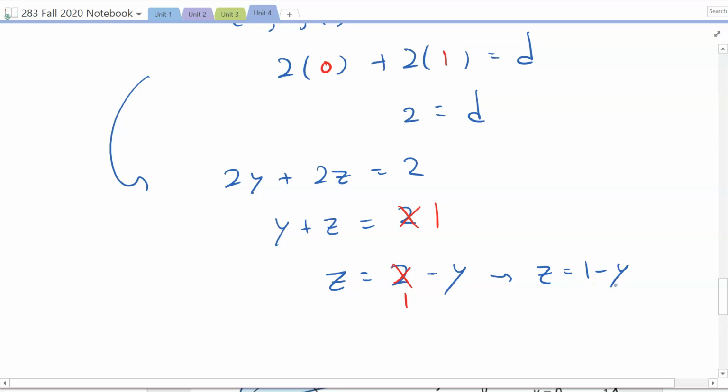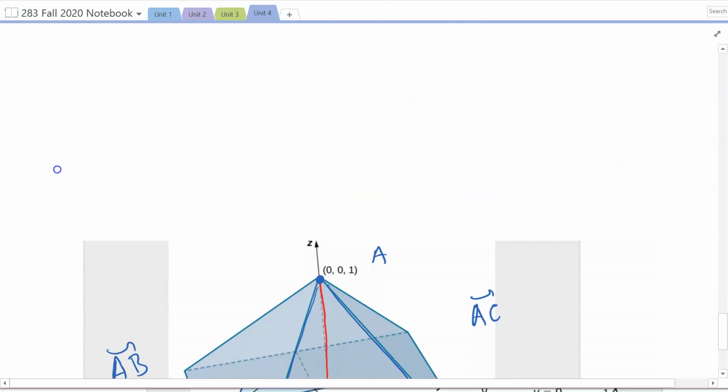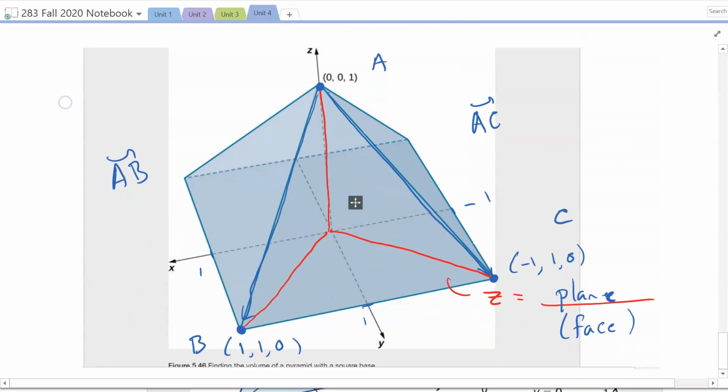Alright then, we're still working on setting up the triple integral that's going to help us find this volume. I'm just going to look at the picture that we had here. Now we found the equation of this face: z = 1 minus y.